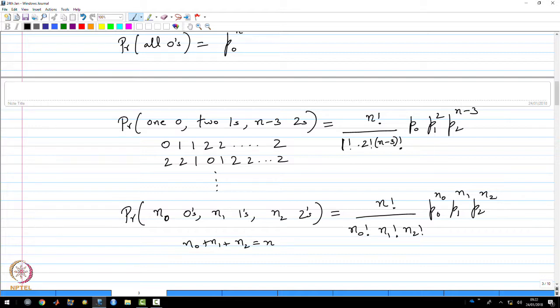So we had before, when you have n tosses and you ask what is the probability of k ones, you write n factorial over k factorial times (n minus k) factorial, times p power k, (1 minus p) power n minus k. This is a generalization of that fact. Remember, n2 is n minus n0 minus n1, and similarly p2 is 1 minus p0 minus p1.